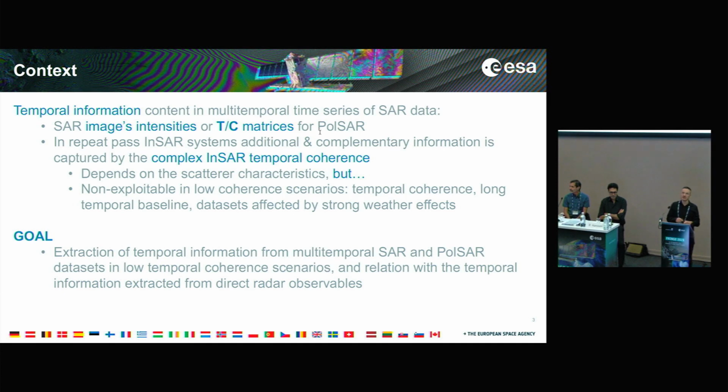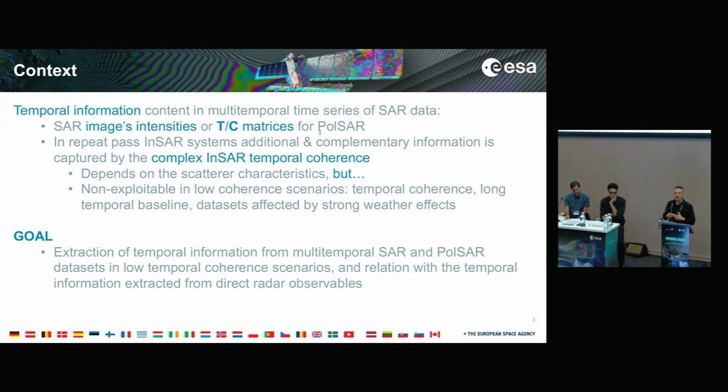But in repeat SAR interferometry, we also have temporal information in coherence. Of course, this coherence depends on the targets, but it has the little problem that we cannot use it when the coherence is very low. We have many scenarios where this happens: low temporal coherence, long temporal baselines, strong weather effects.